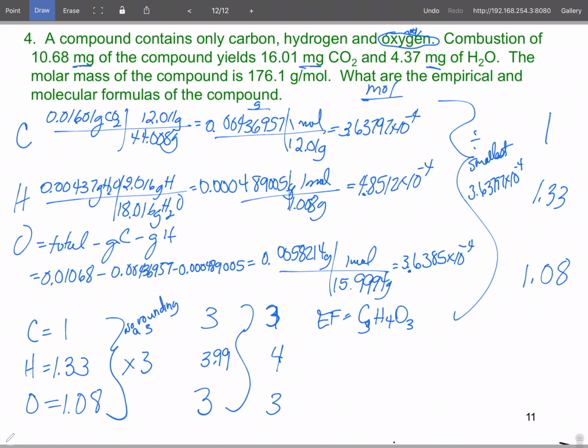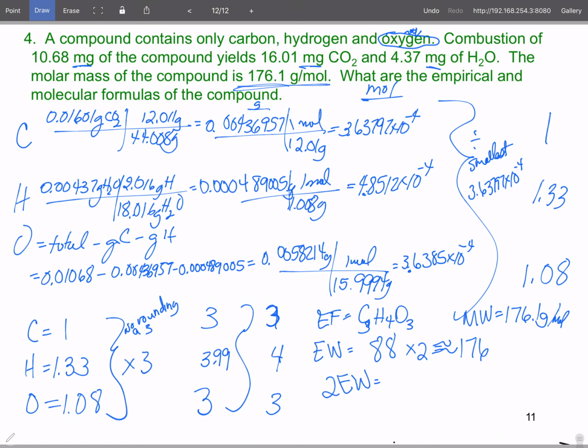Now, are we given more information? We're told that the molecular weight is equal to 176.1 grams per mole. So if we do our mass, our empirical weight here is about 88. So if you multiply that by 2, you're going to get approximately 176. So 2 times the empirical weight gives you the molecular weight.